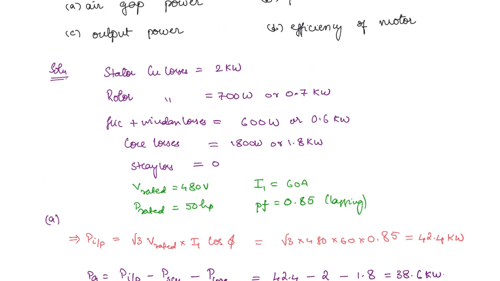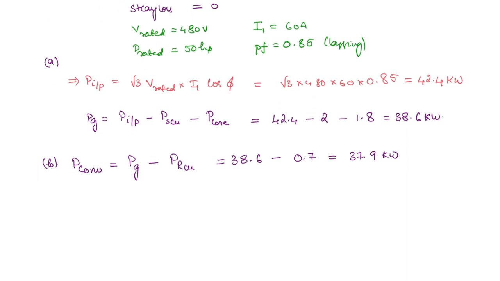Next, what do you have? You have to find out the output power. When you're giving the rated voltage, you will get the rated output. So that means the output power will be 50 horsepower. Okay, but we can find from the power flow diagram as well and we can see if it is right or not. Okay. So P output is equal to, from the converted power, you have to subtract the friction and windage losses as well as the stray losses.